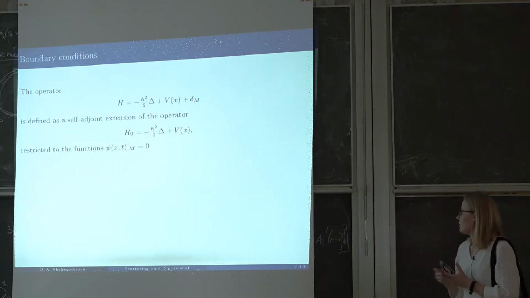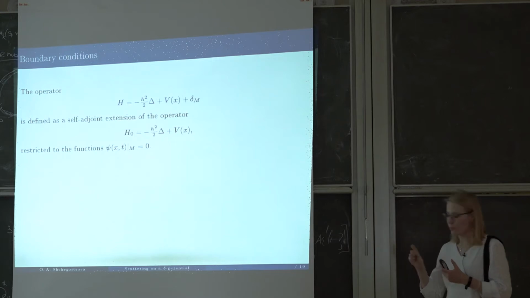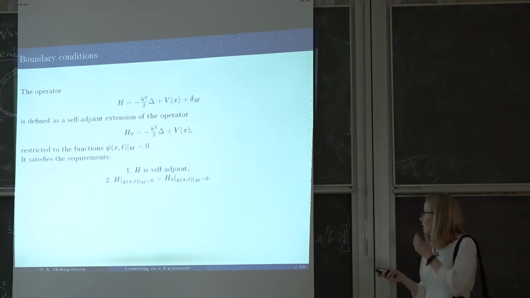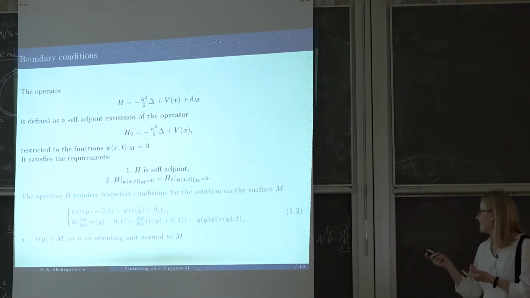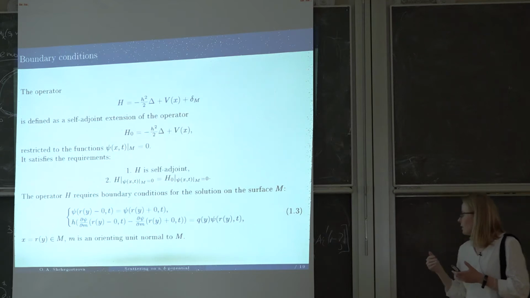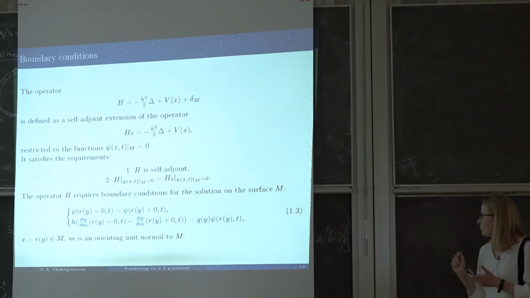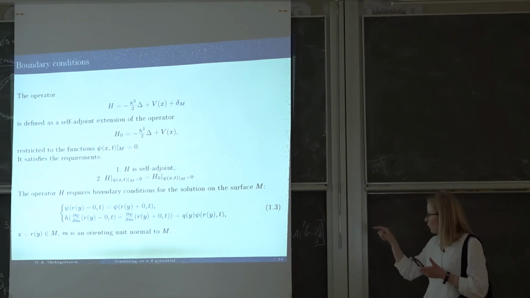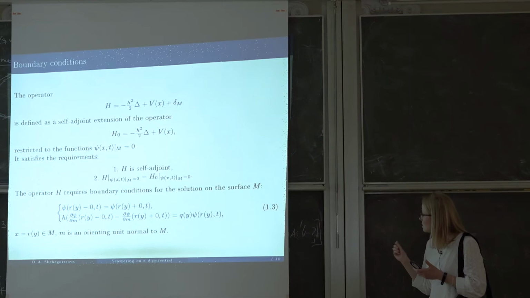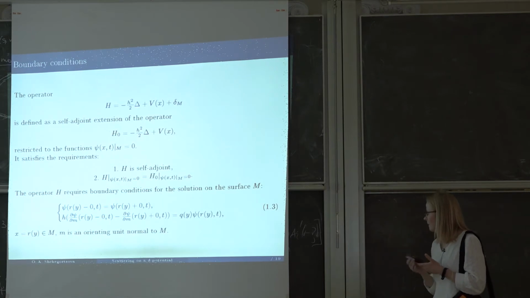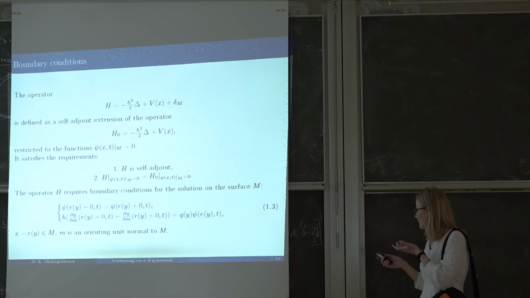It is defined as a self-adjoint extension of the Schrodinger operator with smooth potential, restricted to the functions vanishing on the surface M. This means that the operator requires boundary conditions on the surface M. The first condition is the continuity of the psi function, where psi is a solution, and the other describes the discontinuity of the normal derivative.